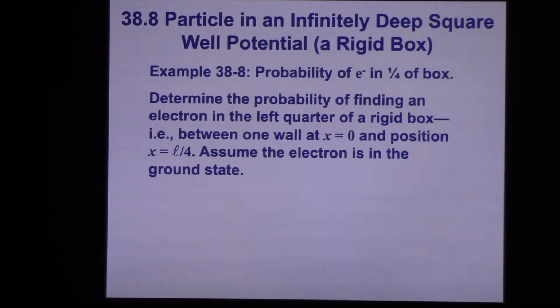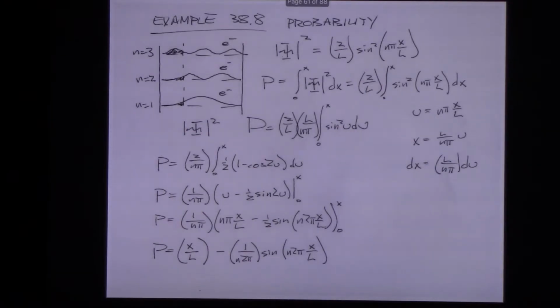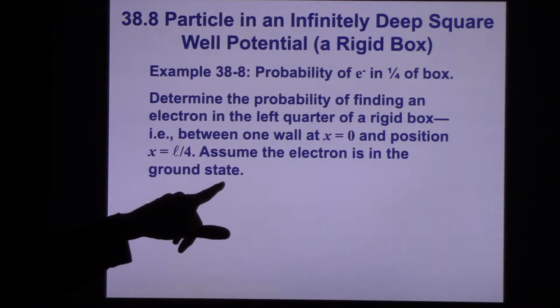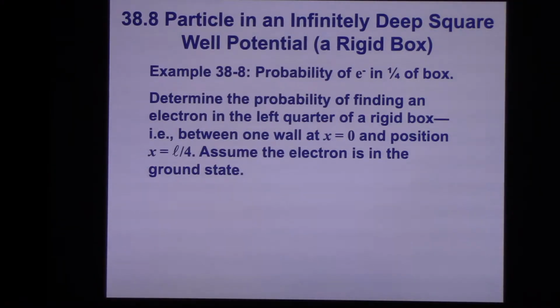Okay, now they're going to have another probability calculation problem. So they're going to do kind of a series of these and see what we can come up with. Now, in their example, they said, assume the electron is in the ground state. Ooh, what if we don't? What if we assume any one of the quantum states?